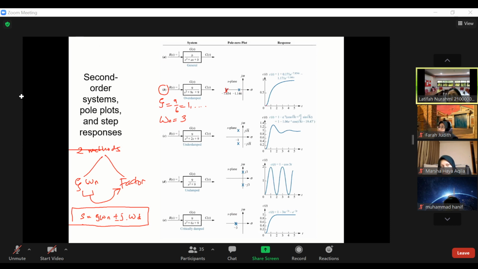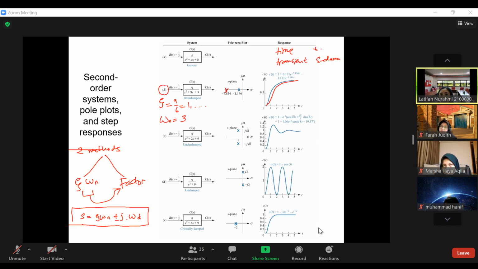So our time response, this is the time response. You have two responses. Don't be confused. You have the time response and you have the constant. What we are learning here is in the S domain. We call it the constant.